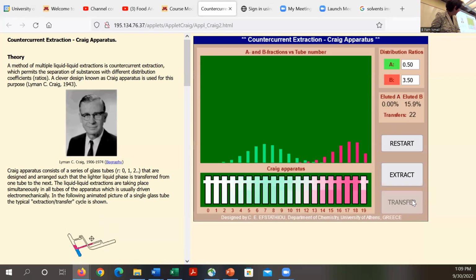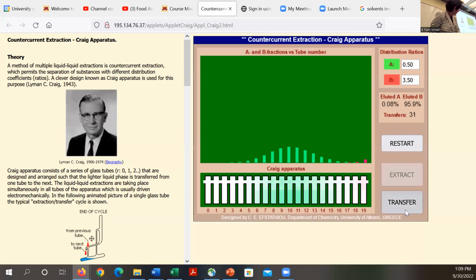I'm collecting B. I almost have perfect separation. Sometimes I have residual of B with the A and residual of A with the B. But again, the more tubes I have, the more separation I will get. So almost now I have over 90% with a little bit of A, that's the impurity here.